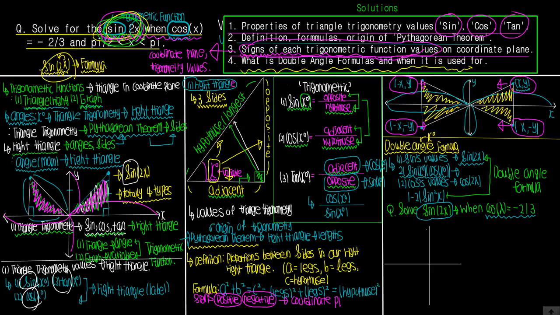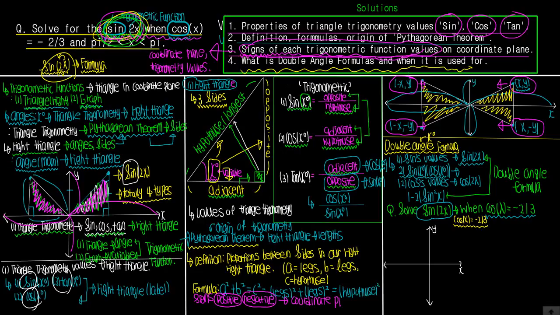What we're going to do is apply this to our coordinate plane. And our coordinate plane is a plane that is formed by the x and y-axis, which are the horizontal and vertical axes. And so we know that the cosine of our x value is equal to negative 2 over 3. And we might think about it this way: when is the time that our cosine of x should be positive?